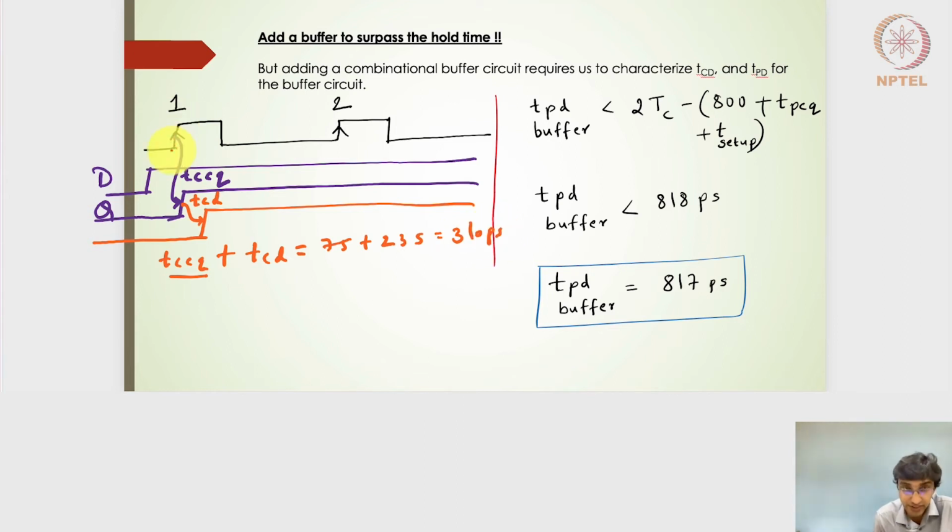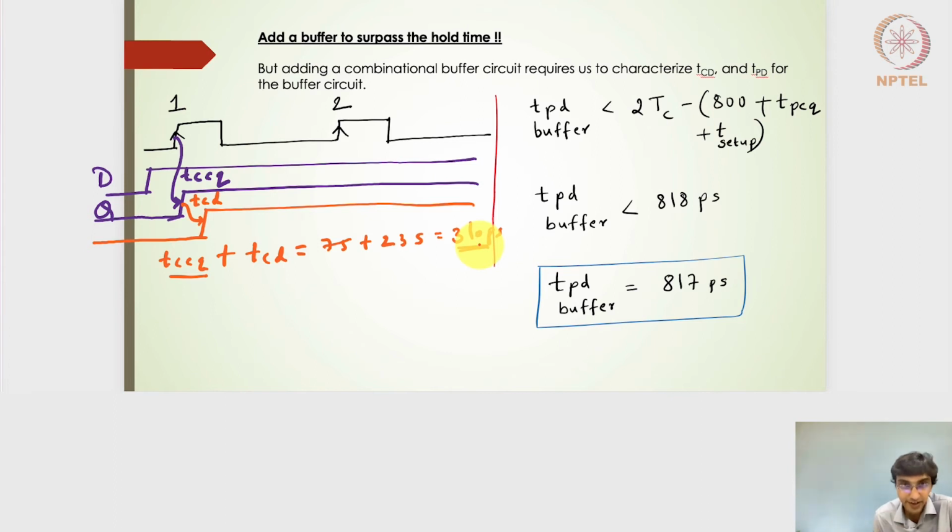So with respect to the first clock edge, the output of all the 4 combinatorial blocks is coming after 310 picoseconds. The T-hold is only 10 picoseconds. So 310 picoseconds is sufficiently away from the 10 picoseconds.